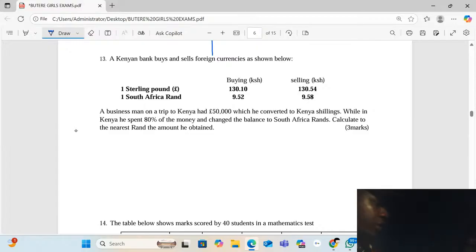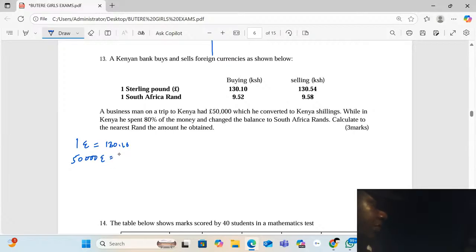Now, we can see that one sterling pound goes at, now the bank will be buying, so it will be 130.10. What about now the 50,000 pounds?